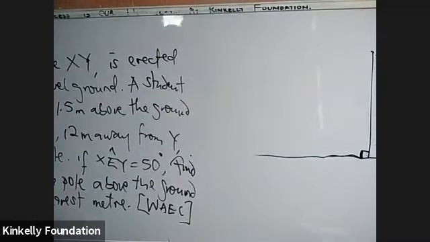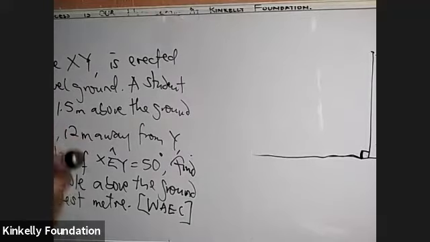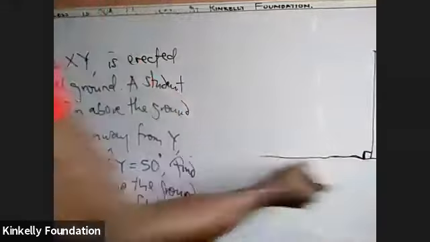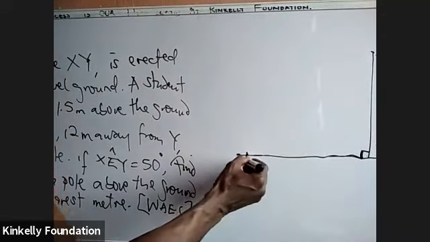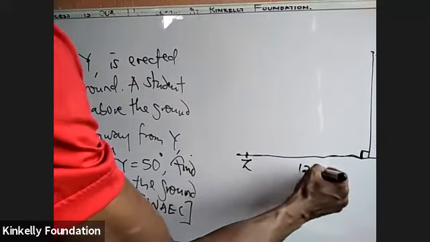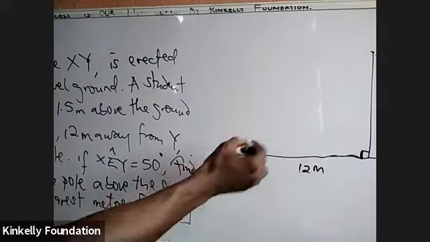And you see that a student whose height is 1.5 meters above the ground is standing at Z. Away, let's say from here down to maybe this is our Z, 12 meters. And look at the student.